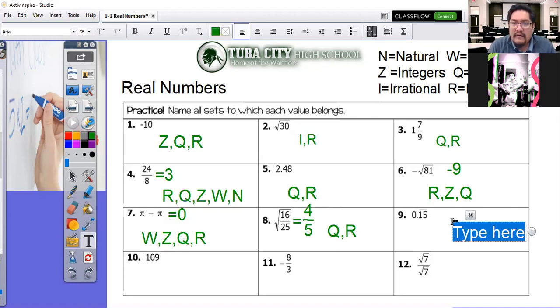All right, so now on to number 9, we have 0.15 repeat. So this number, if we were to write it out the long way, it would be 0.1515151515 forever. But we've got better things to do, so we're not going to write the numbers forever. So we're going to put a little line over the top of it to show that it is repeating itself.